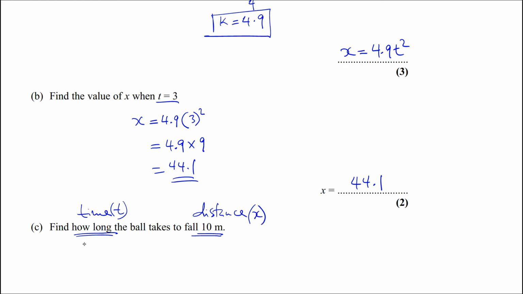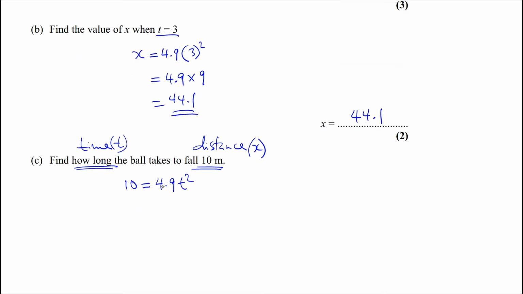All right, so basically we want to find t when x is equal to 10. And to do that, we'll use this formula. So 10 will be equal to 4.9 multiplied by t squared. To solve for t, you divide both sides by 4.9.